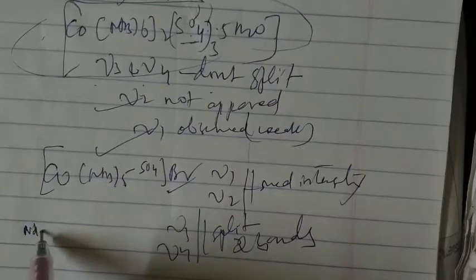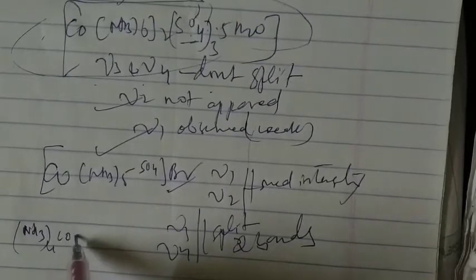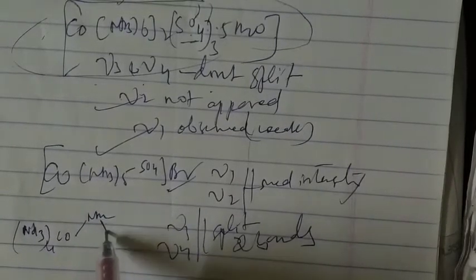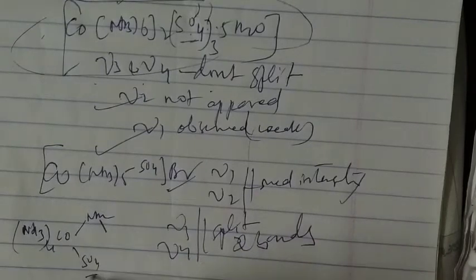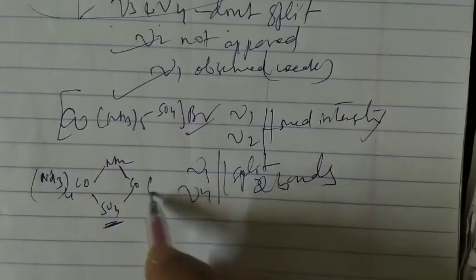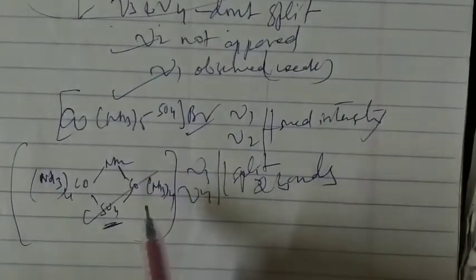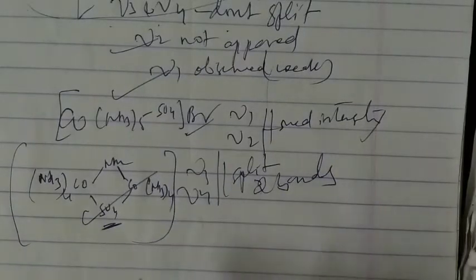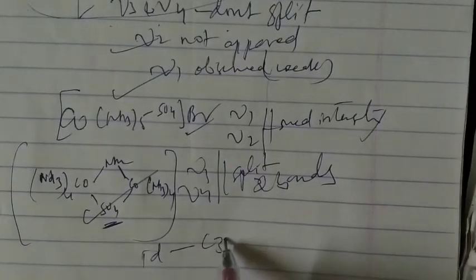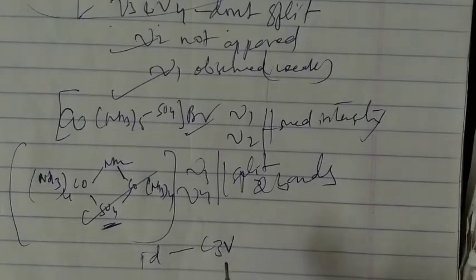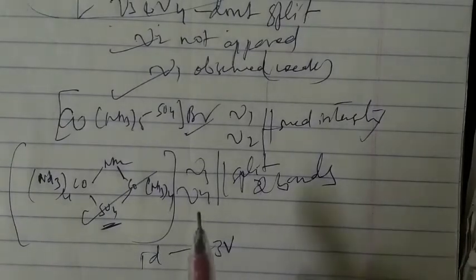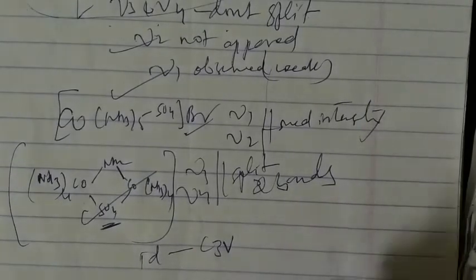In a bridged complex with cobalt, sulfate, and NH3 four times, there is a lowering in symmetry from tetrahedral to C3V, unidentate coordination, with nu1 and nu2 appearing in medium intensity, and nu3 and nu4 splitting into three bands.